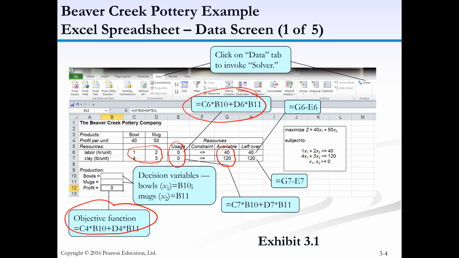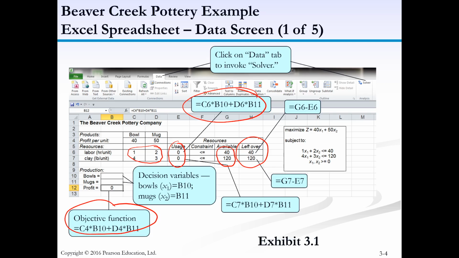And for clay it is 4x1 plus 3x2, where x1 is the number of bowls and x2 is the number of mugs, to be filled in over here. All right, and the available amounts are over here. This leftover is slack or surplus.